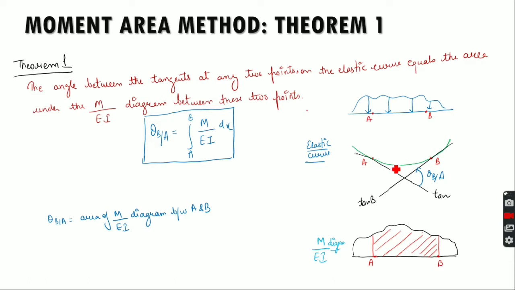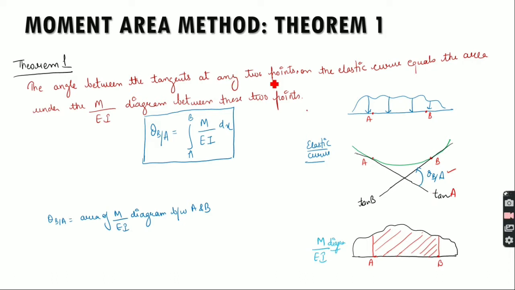If I mark a tangent at point A, this is the tangent at A, and if I mark a tangent at B like this, then the angle between these tangents at these two points, as you can see here, I have marked as angle theta BA, which means it is the angle of the tangent at B with the tangent at A.